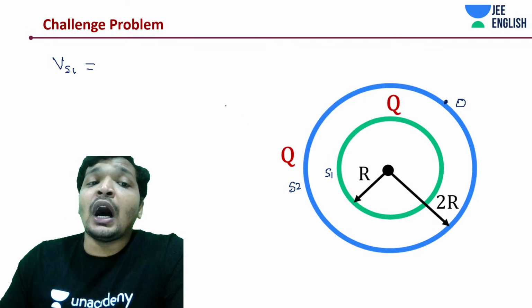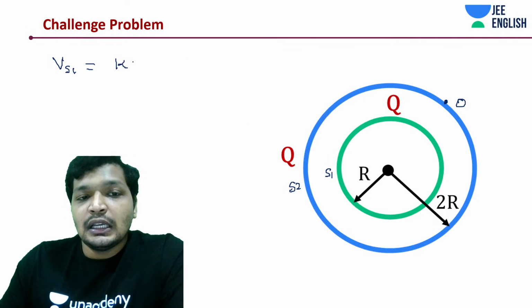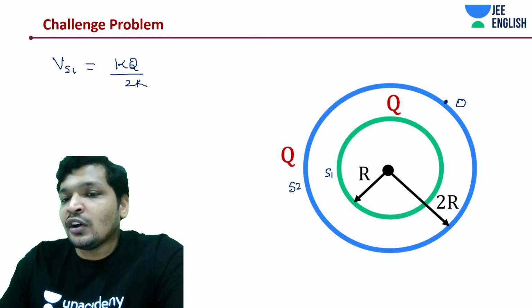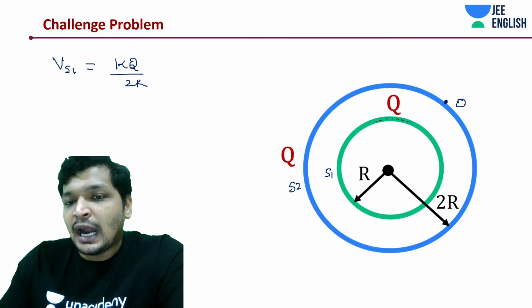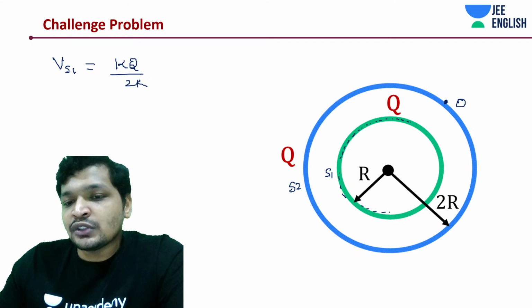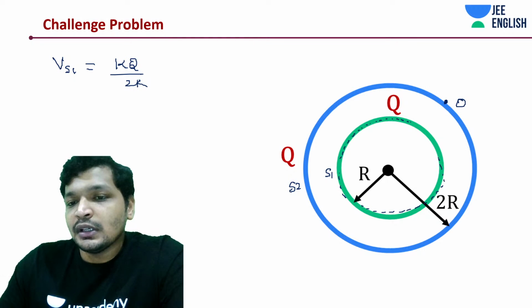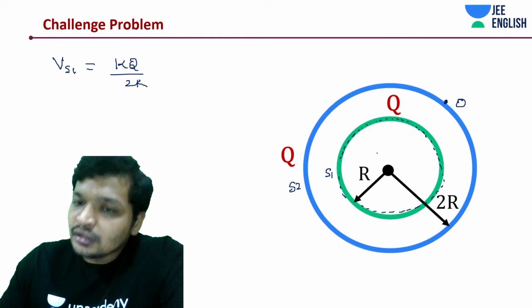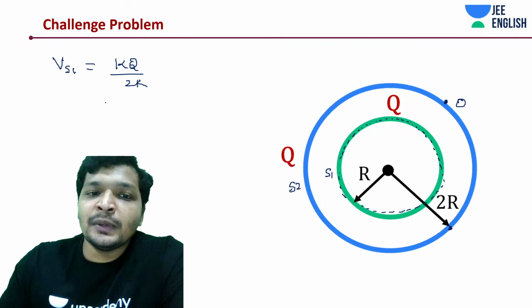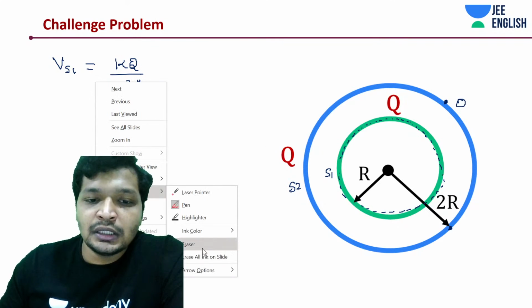Due to the small sphere, what is the potential? KQ by 2R, isn't it? This is the shell concept, right? At some point outside this shell, the potential is going to be KQ by small r. In this case, what is the small r? 2R, right? At this point it's 2R. So it's going to be KQ by 2R.